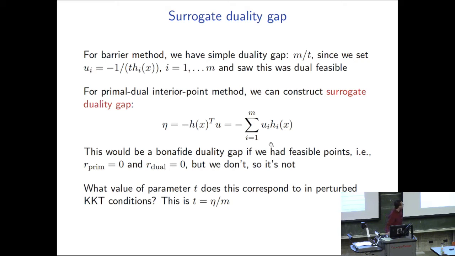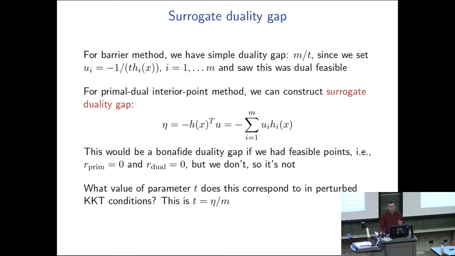So for the primal-dual interior point method, we can iterate, get some x's and u's, and evaluate this. But because those u's are not dual feasible, it's not actually a duality gap. So that's why it's an approximate duality gap. As the method proceeds, if we believe the method's doing something reasonable, which it is, it's going to be getting us closer and closer to primal and dual solutions.